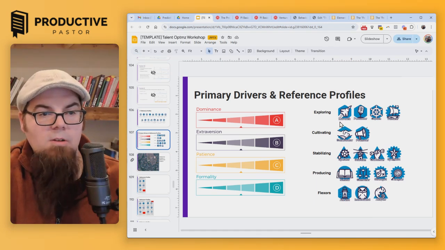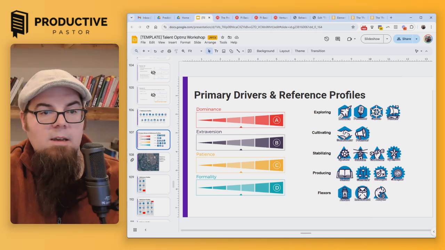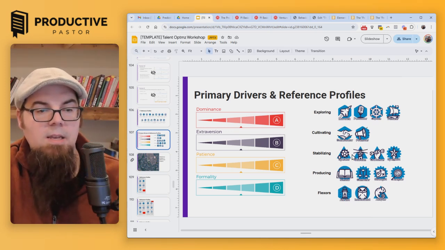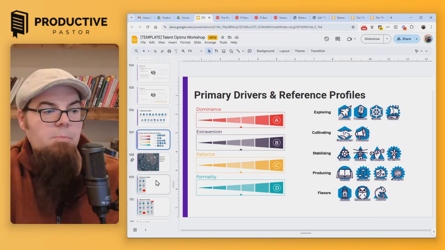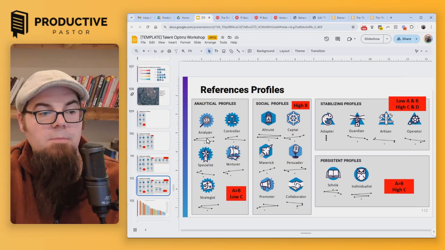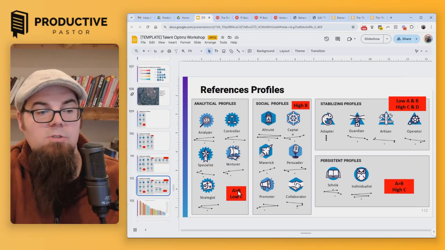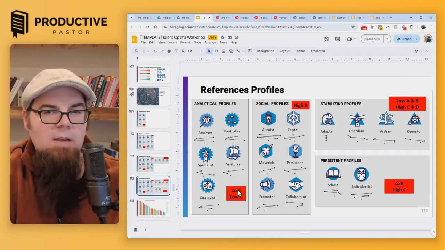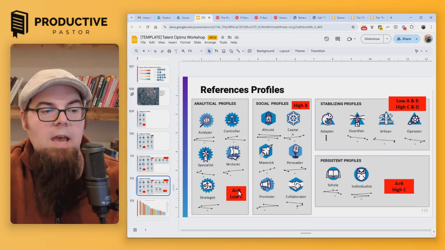And so you can also see that there's a couple different shapes here. We have a cog, hexagon, triangle, some circles. These represent different types of profiles. So the analytical profiles are all profiles that have this cog or gear, and they're characterized by an A drive that is stronger than B. We'll get into these drives and what they mean a little bit, but just to give you how you got this reference profile.